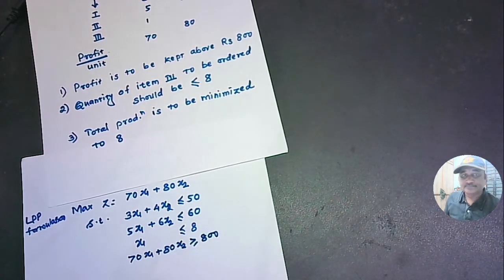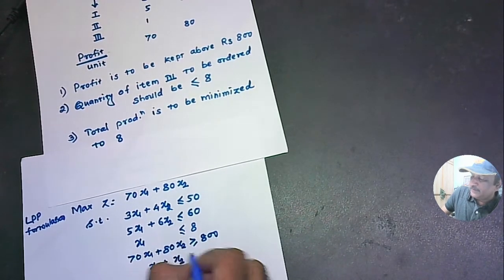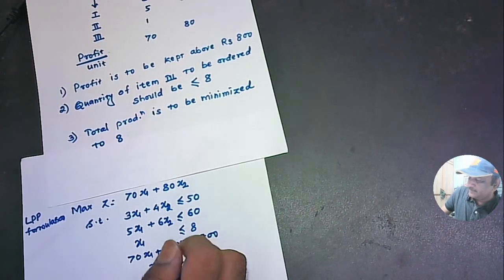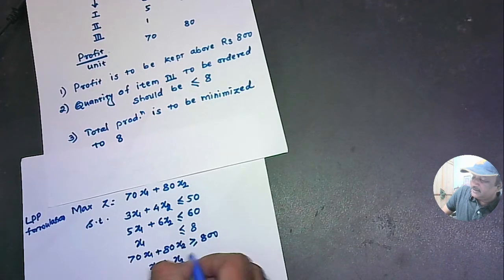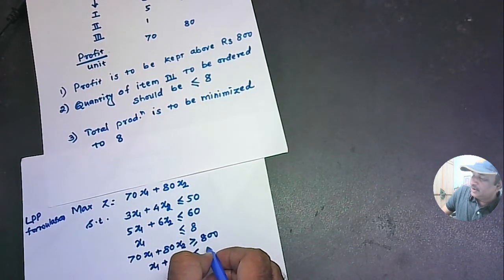All right. And total production is to be minimized to 8, and that also will be written as x1 plus x2. This is the number of units of product A and number of units of product B, that sum of the production has to be kept less than or equal to 8.